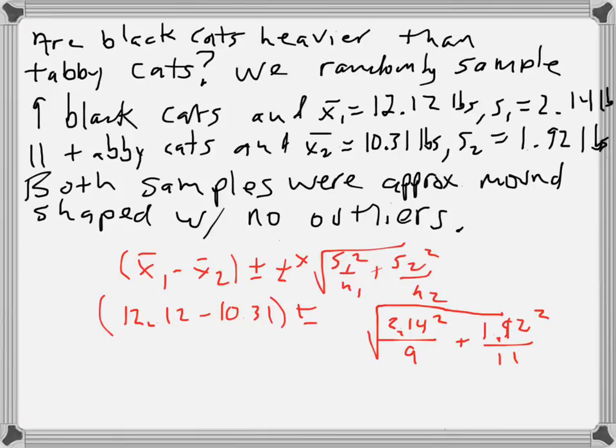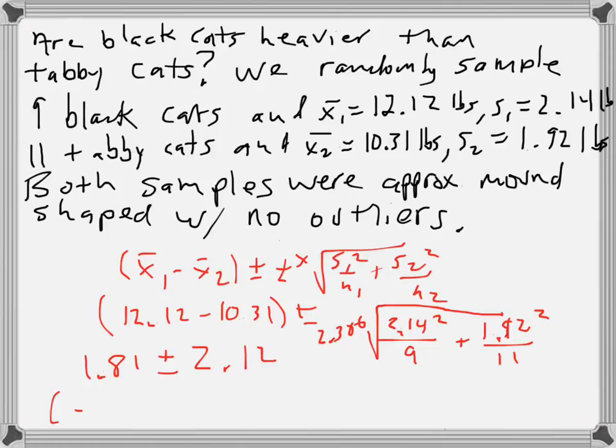And I got a critical t value, and I'm sorry, I'm writing it on the side here, 2.036. The decimals are really hard to make on my iPad. Okay, I'm just going to calculate both of these and crunch them in my calculator. The difference between the sample means was 1.18 pounds, and the margin of error reduced to 2.12 pounds.